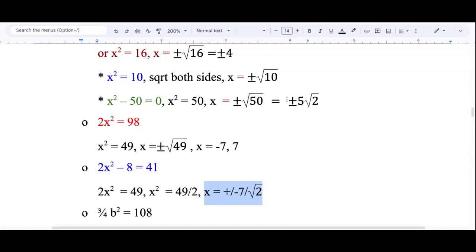Let's use this one, it looks better. Or even better, we write it this way. We rationalize the denominator.